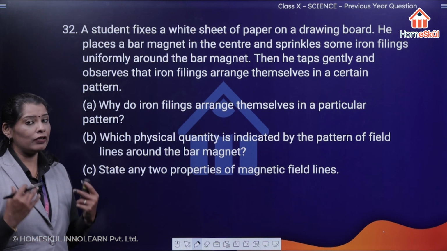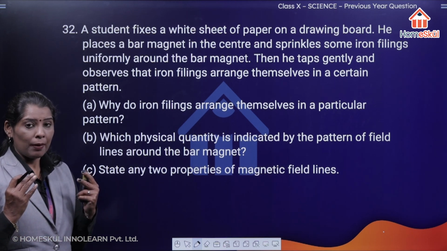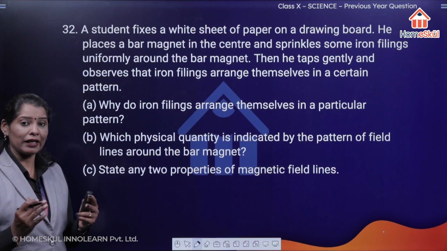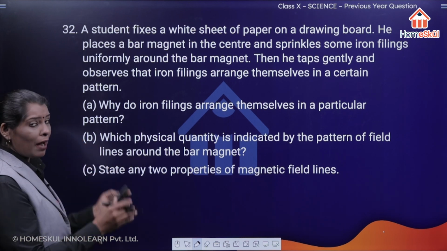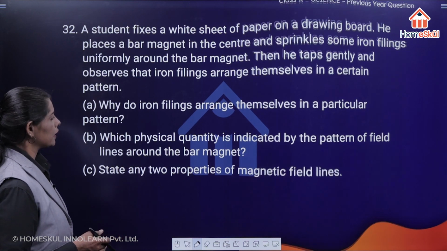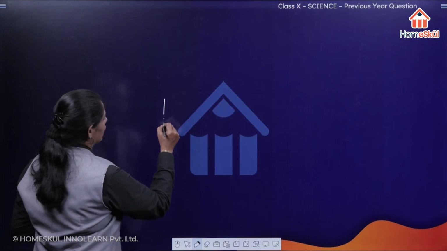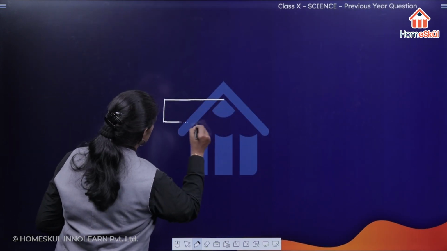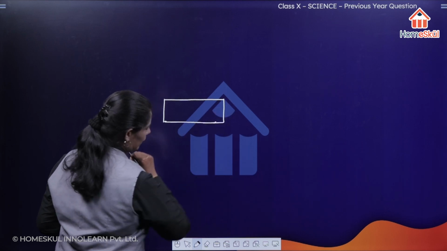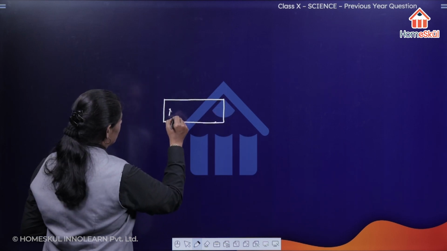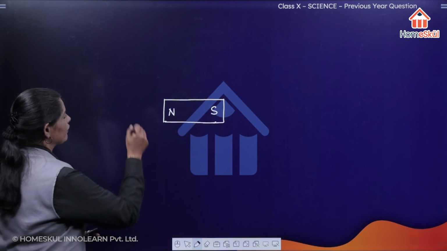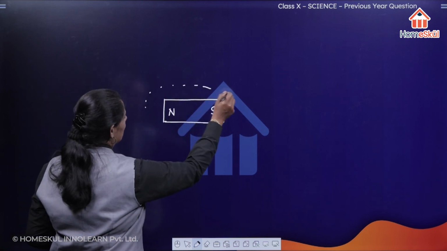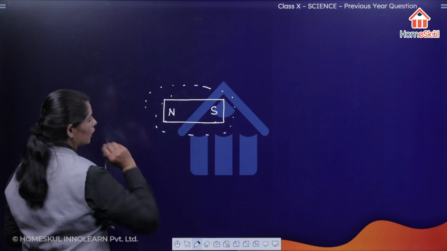Okay, so we have learned all about the magnetic force and the magnetic field, right? So in this case, when a bar magnet is kept on a white sheet of paper, it has got the poles north and south, right? And when we sprinkle some iron filings around it, what may happen?